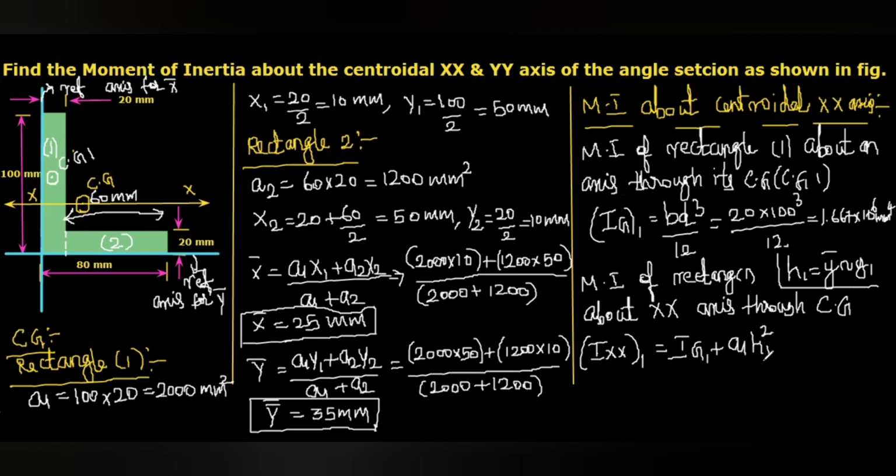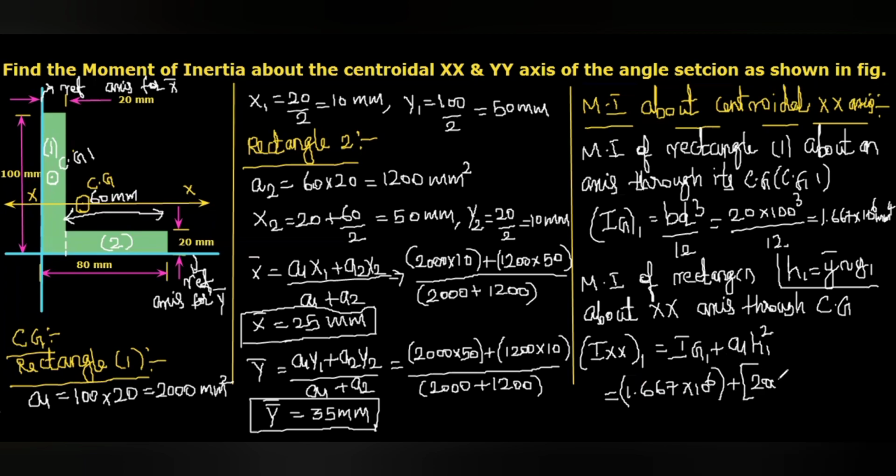Okay, so here H1, that is Y bar, the difference of Y1, and IG1 we calculated already, that is 1.667 multiplied with 10 power 6 plus A1, that is 2000 multiplied with this difference H1. Otherwise, we can take H1, that is Y bar, the difference Y1. Here Y1 is the larger, that is 50 minus 35.